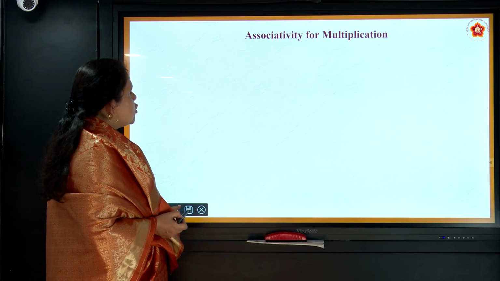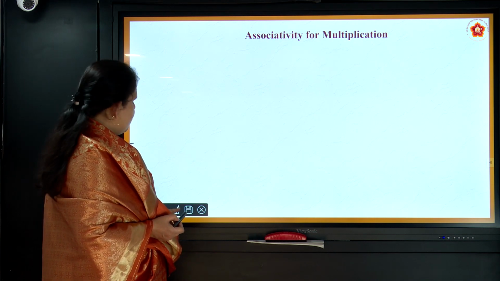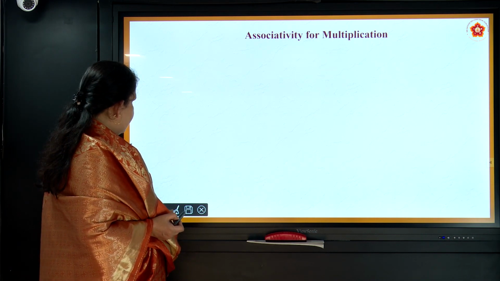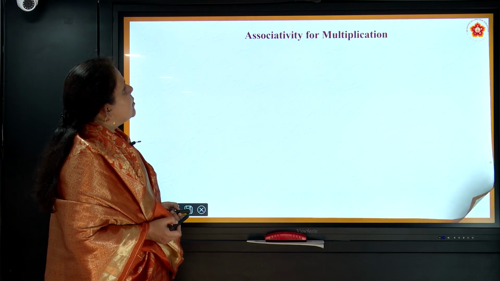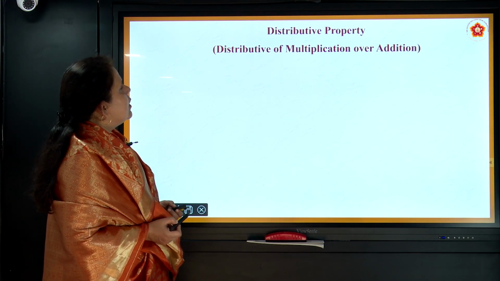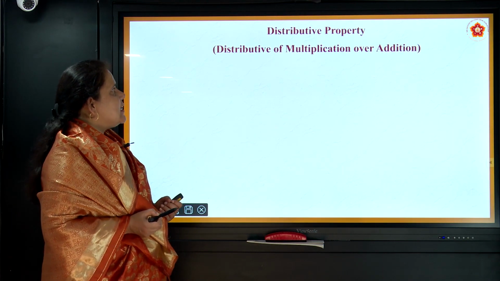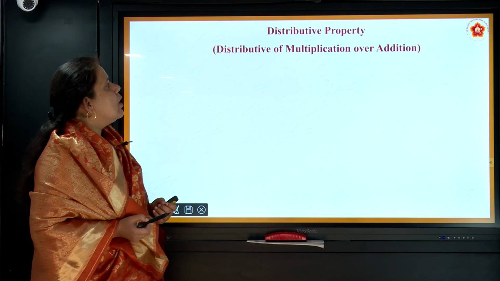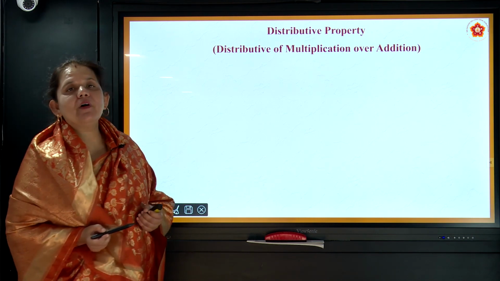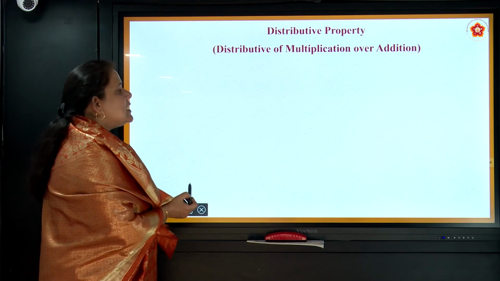After associativity of multiplication, we have the distributive property. We are going to look at distributive of multiplication over addition. Now, what does this mean?